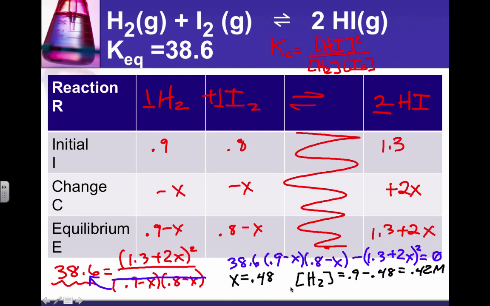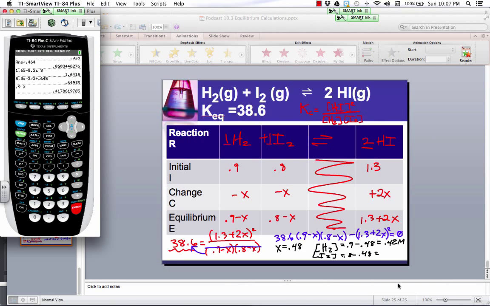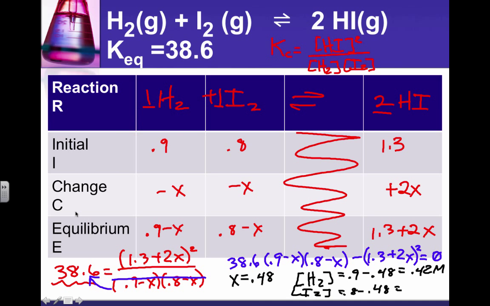And then my iodine concentration, I2, is 0.8 minus x. And I can let my calculator handle that one too. So 0.8 minus variable x, enter, 0.32 molar, that makes sense.